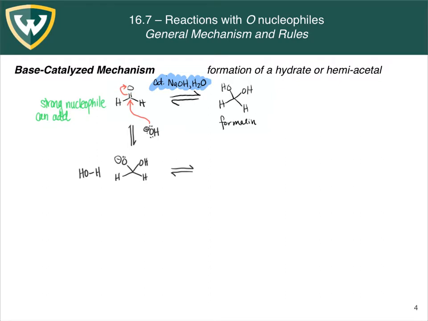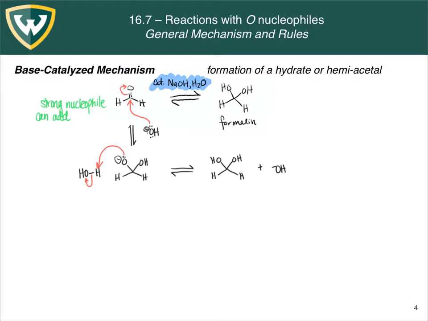This happens exactly like our carbanion nucleophiles to form a tetrahedral intermediate, as we did in that reaction. And now this oxygen anion is going to undergo deprotonation from water. And the product of that step is going to be actually the final product in this case, formalin.